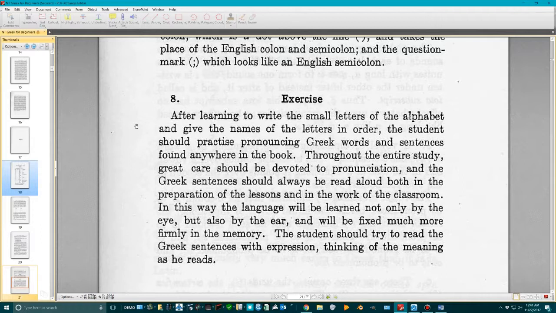In this way, the language will be learned not only by eye, but also by ear, and will be fixed much more firmly in your memory. The student should try to read the Greek sentences with expression, thinking of the meaning as he reads.